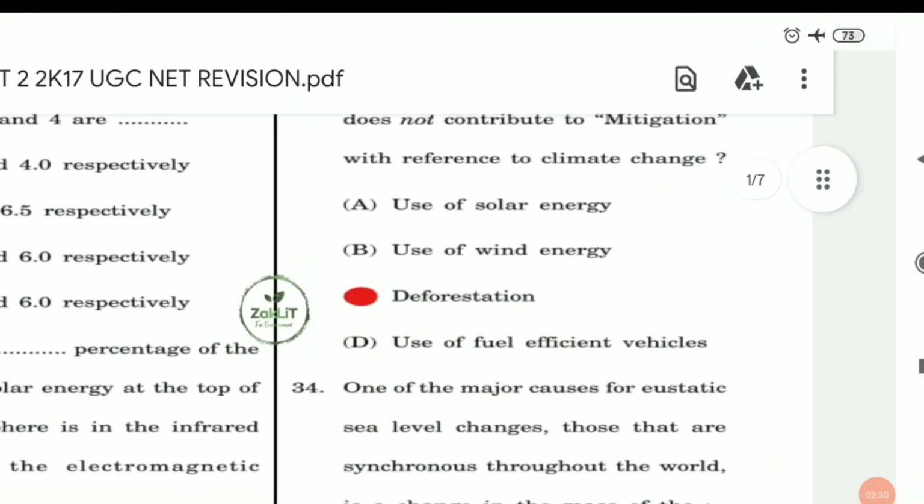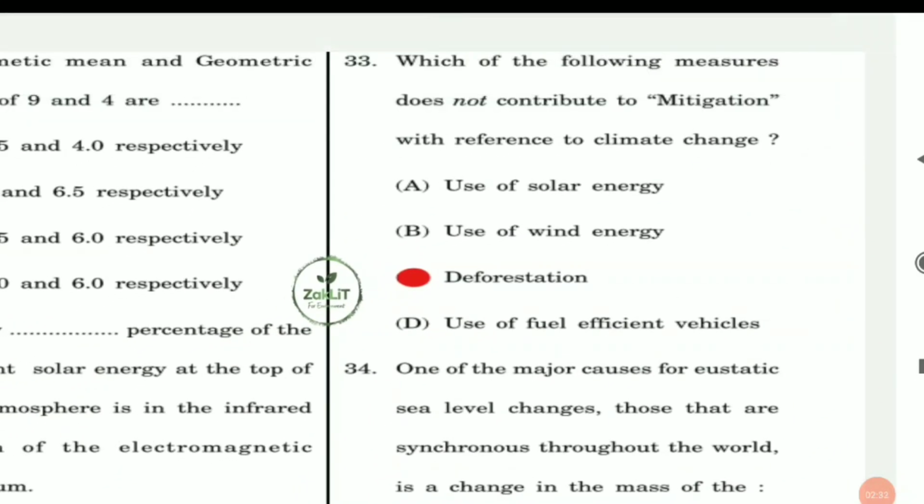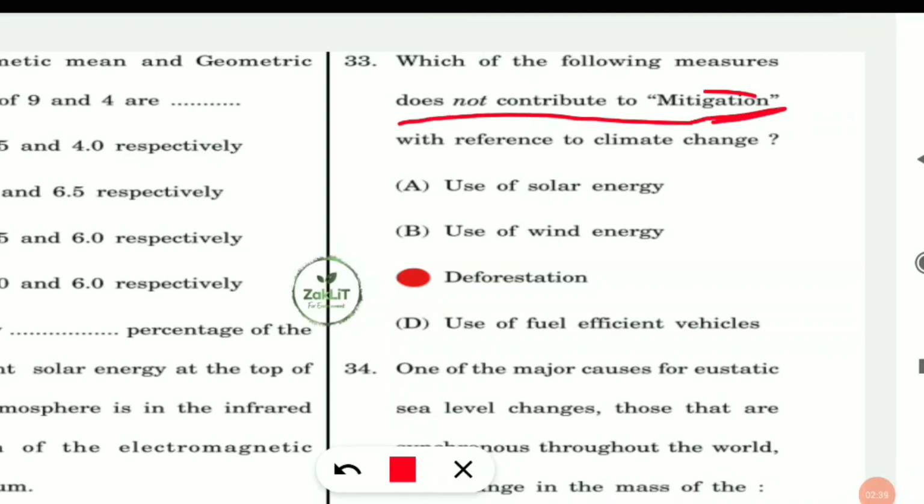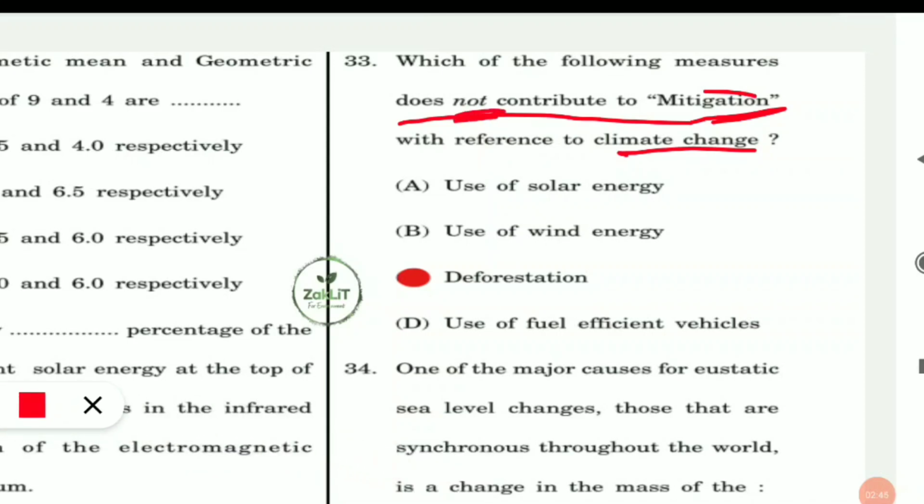Coming to the next question, question number 33: which of the following measures does not contribute to mitigation with reference to climate change? Climate change is real and it is asking which is not contributing to mitigation. To avoid climate change, which is not contributing? It is option C, deforestation. Why?